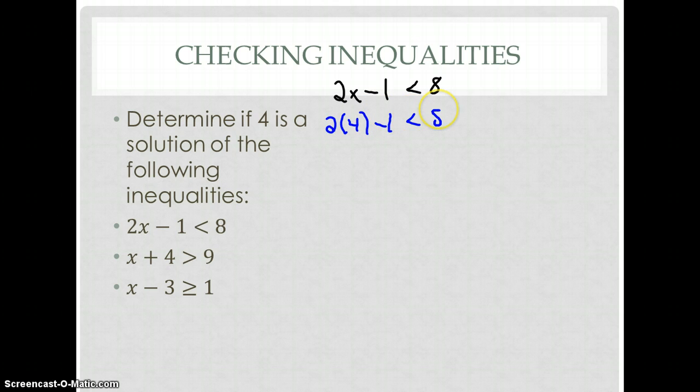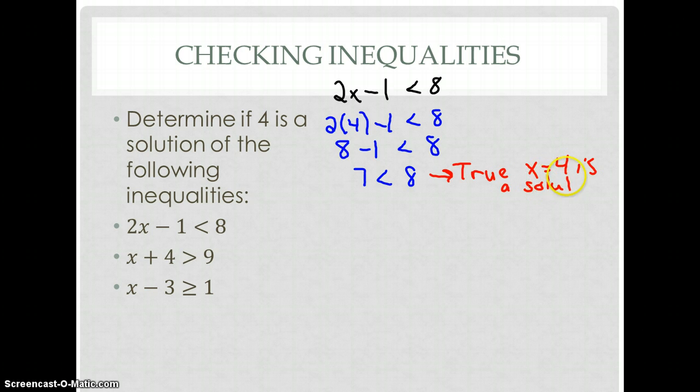Minus 1 is less than 8. Well, 2 times 4 is 8. Minus 1 less than 8. 8 minus 1 is 7. We get 7 is less than 8. Is that true? Yes, that's true. So that means x equals 4 is a solution.